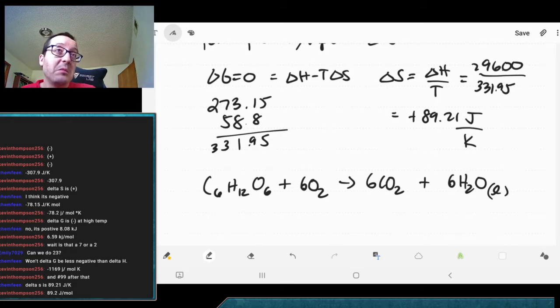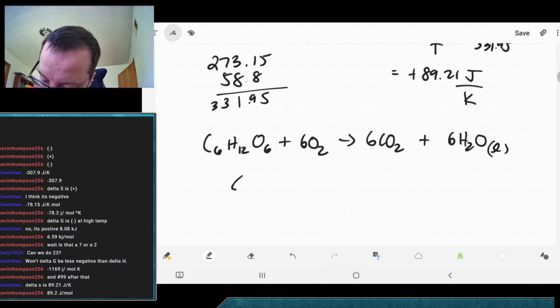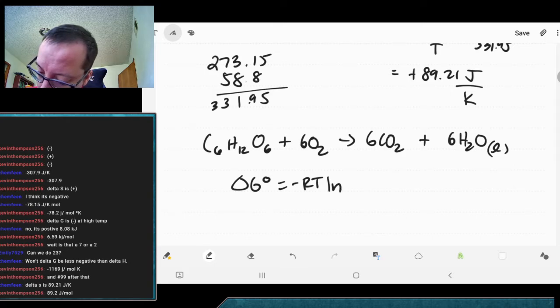So we're just looking at which one's going to be bigger, which one's going to be smaller. We'll be able to do that using delta G. If you remember, standard delta G is equal to negative RT ln K. R and T are going to be constant here.